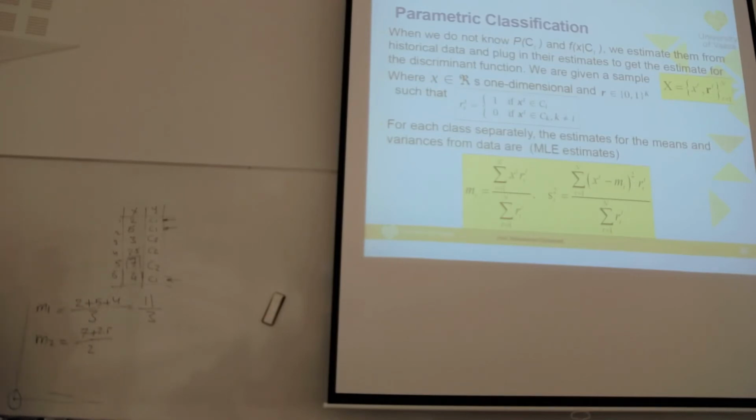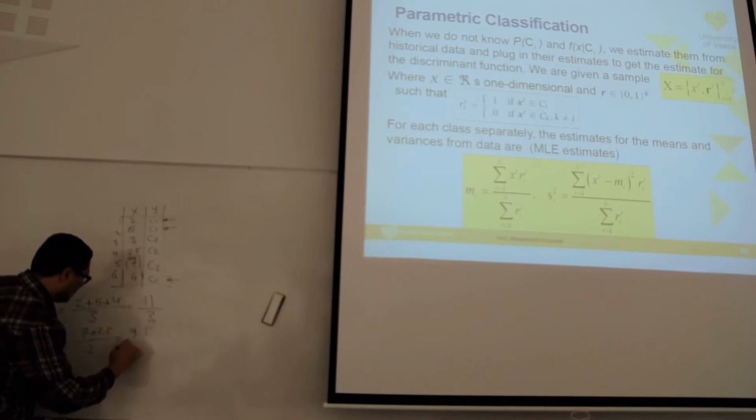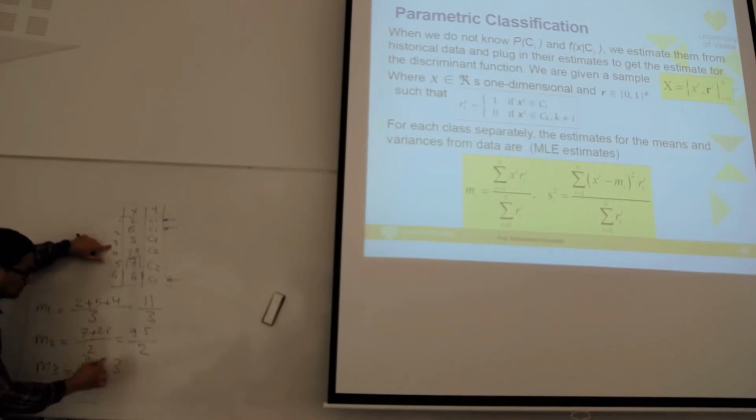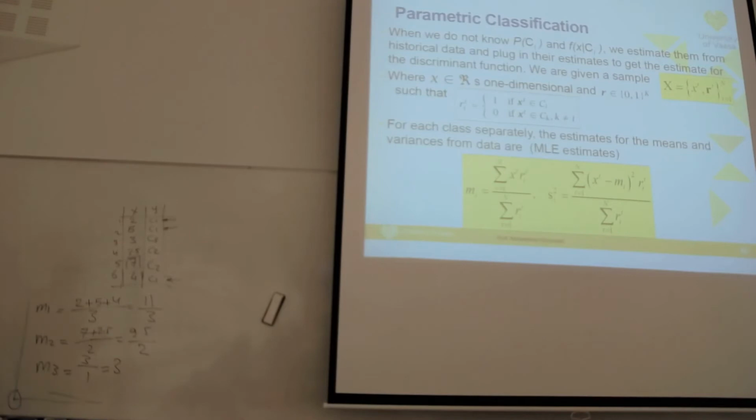So it will be 9.5 divided by 2. The average of the third class: we have only 1 in the third class, so we have only 3 divided by 1. So the average is 3. Now we have a vector of M1, M2 and M3. So this is the average for each class.